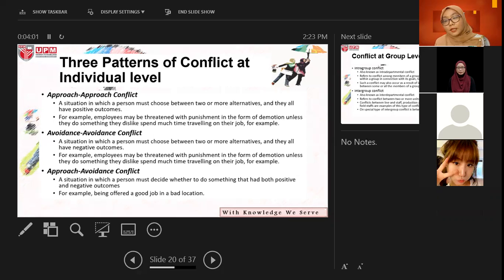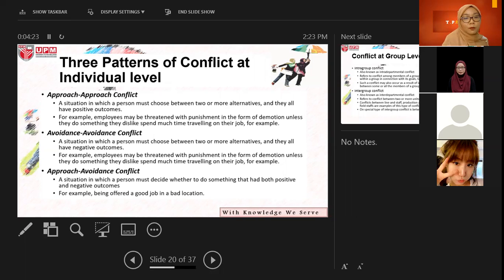The first option has no salary increment, but it is close to your home or family. The second one, you need to transfer your workplace, but there is a salary increment. So both have a positive outcome. Approach conflict means that you need to choose either your family or the salary.